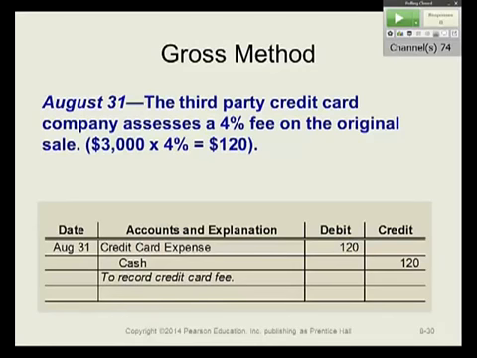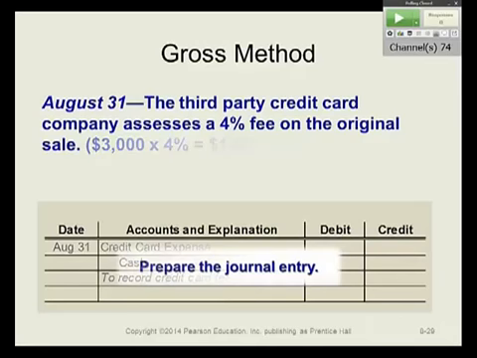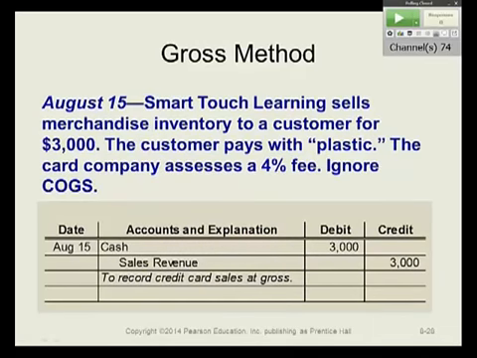Depending on your system, they may not be able to differentiate between a cash sale and a credit sale. If you came in and gave me $3,000 in cash, or if you came in and used a debit card or a credit card, I want it to be recorded the same way. So I don't want to have to code or do something special. And it depends on your business. If your business isn't sophisticated enough, you can't differentiate between a cash sale and a plastic sale. So this would be the way to go. And then later, when the fee is assessed, then you record the expense.